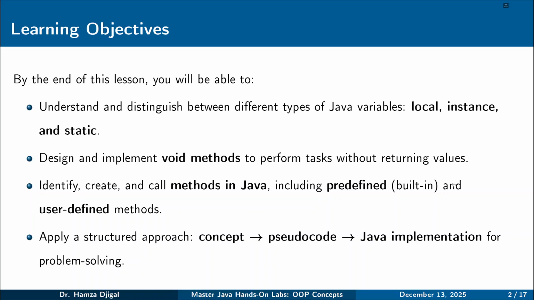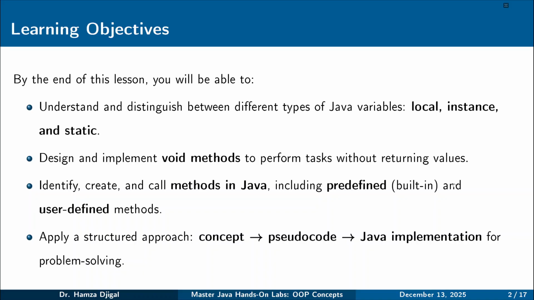The first member of the class is the variable, which can be a local variable, an instance variable, or a static variable. We also have some methods inside a class. We'll define them, and among methods we have the void method. We also have predefined methods, which are built in.